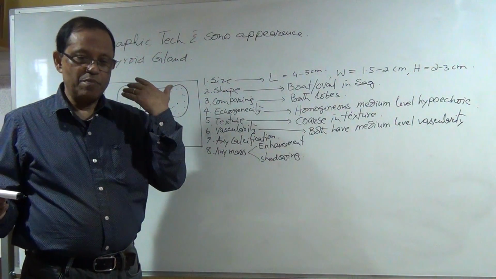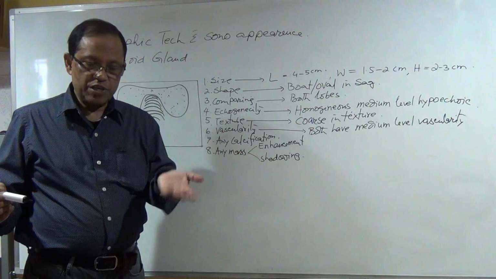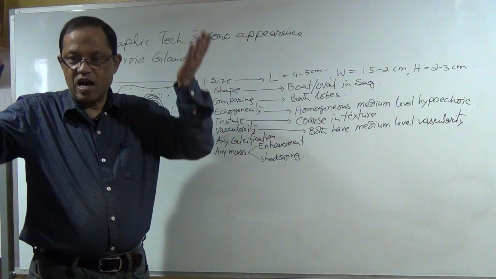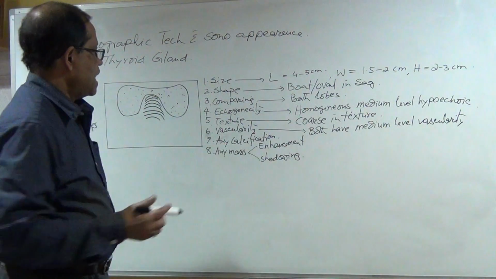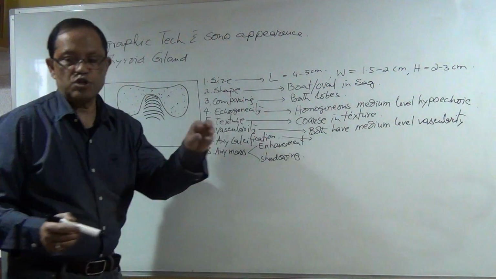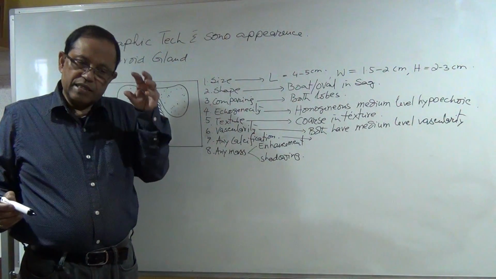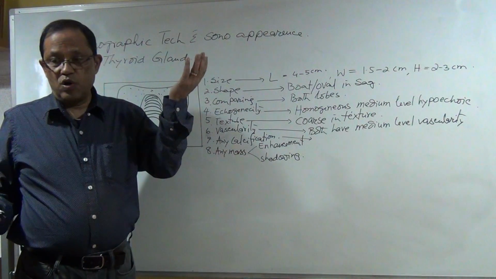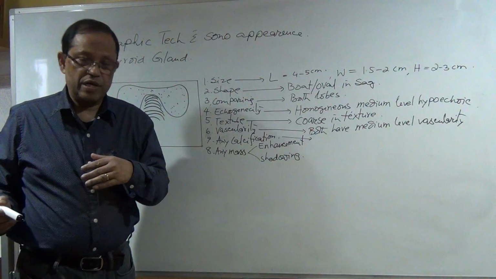So in malignancy, in infection, the vascularity goes up. And now any calcification means deposition of the calcium, that causes bright echo followed by shadowing.